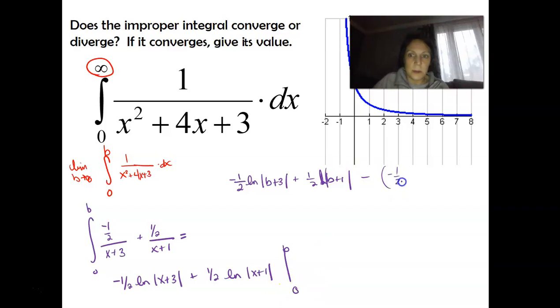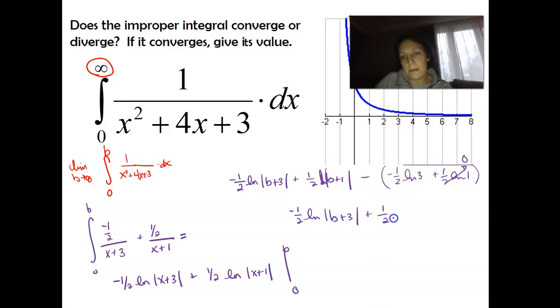So -1/2 ln of 3 plus 1/2 ln of 1. Good news, that's 0. If you want to, you could do some combining with these natural logs, but you don't have to. So I have -1/2 ln of b plus 3, plus 1/2 ln of b plus 1, and a plus 1/2 ln of 3 at the end.